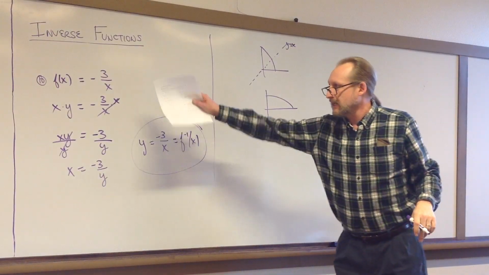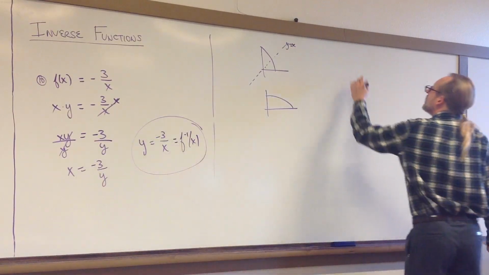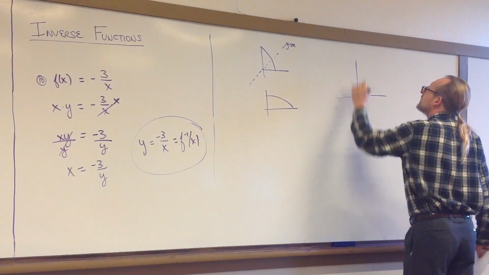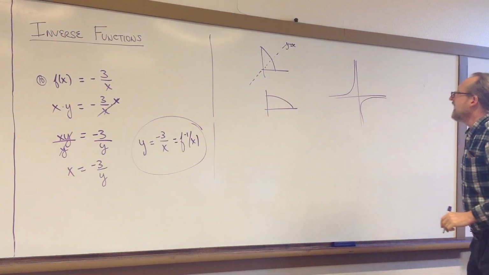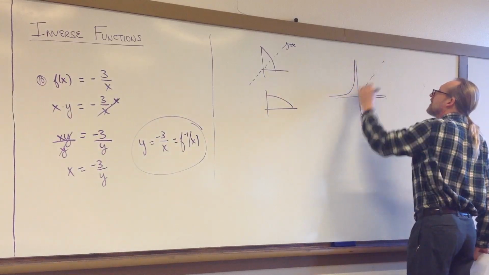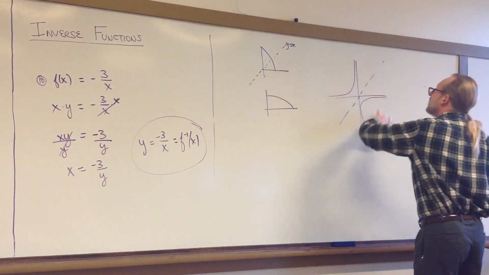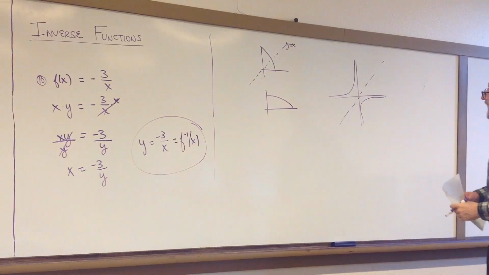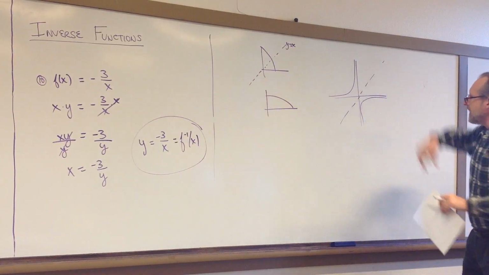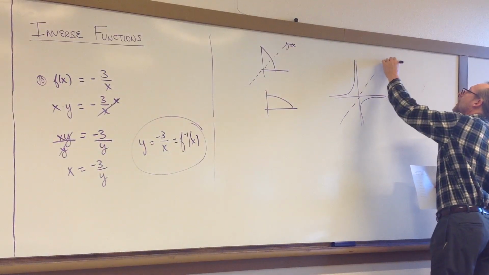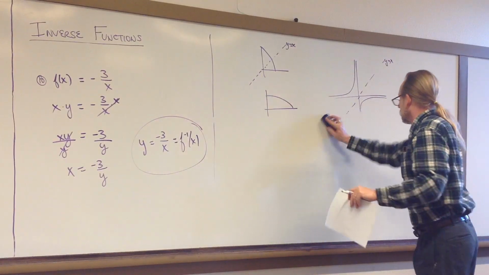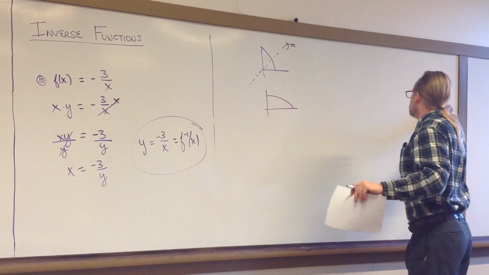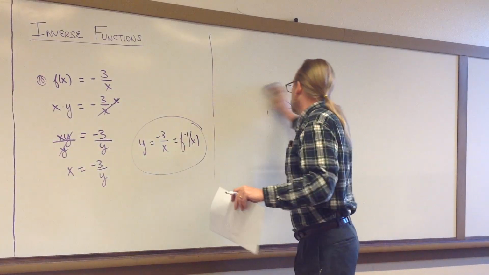So if you get something like this, negative 3 over x, that is going to look something like this. Okay? And if you reflect this over the line y equals x, see how these are symmetrical? Any function that's symmetrical about the line y equals x will be its own inverse. So that's just something about a function being its own inverse, and how can you tell?